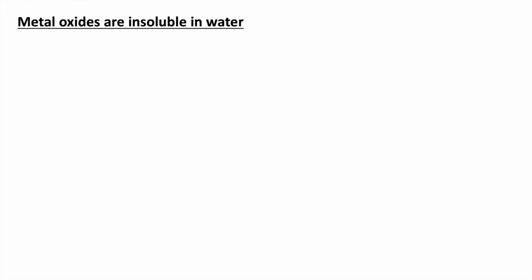Other important property of metal oxides: they are insoluble in water. Most of the metal oxides are insoluble in water, but again some exceptions are there. The oxides of sodium and potassium, they are soluble in water. The chemical equations we can write like Na2O plus H2O gives NaOH.